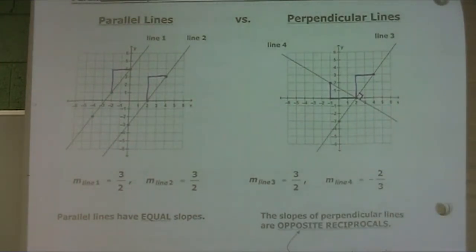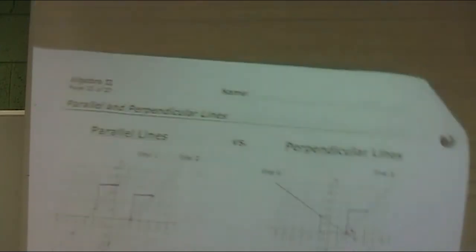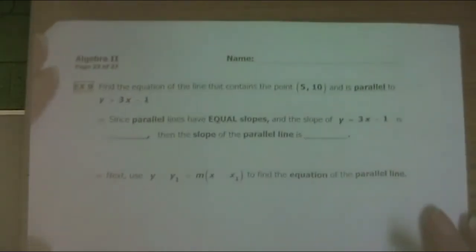Reciprocals. What we call that is opposite reciprocals. It means change the sign and flip it upside down. That's how the slopes are related for perpendicular lines. All right? Now, knowing that, let's find some equations for parallel and perpendicular lines. So let's go to the next page.